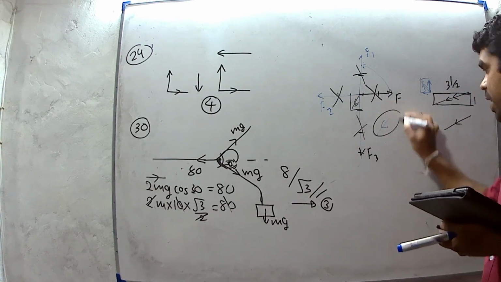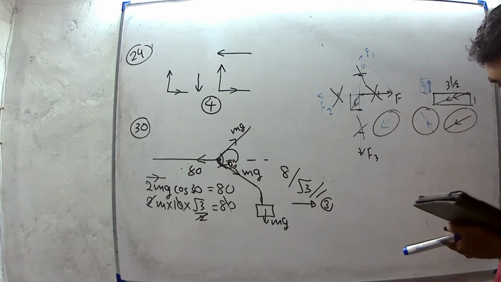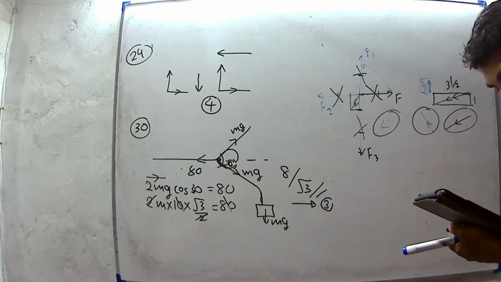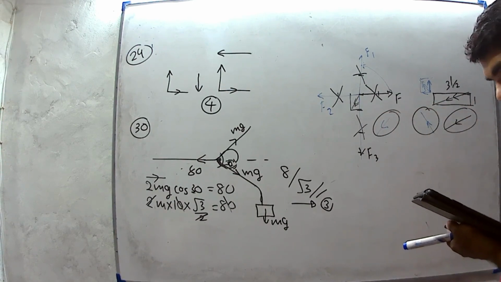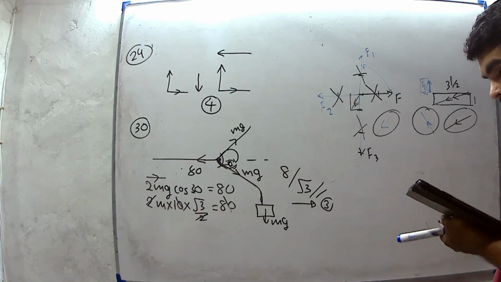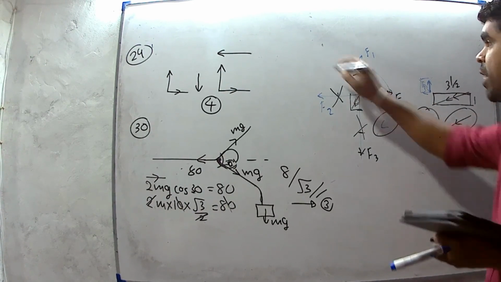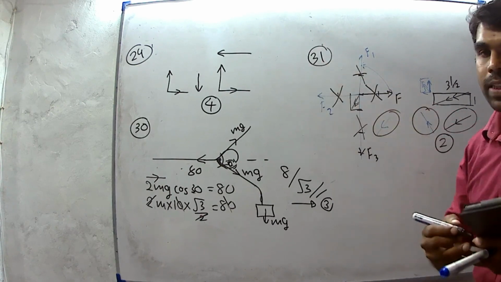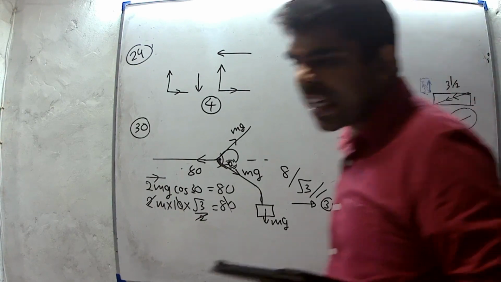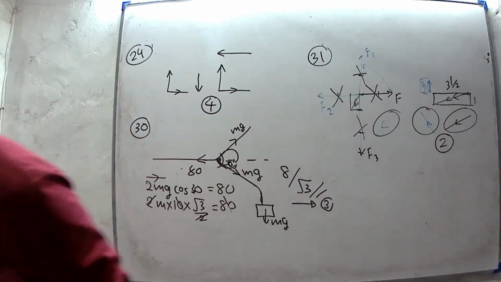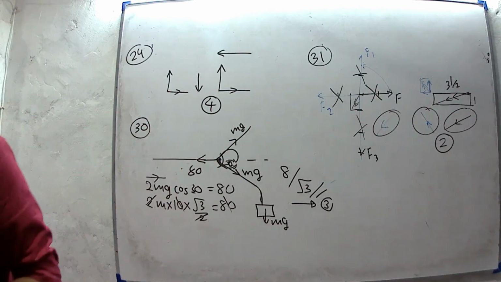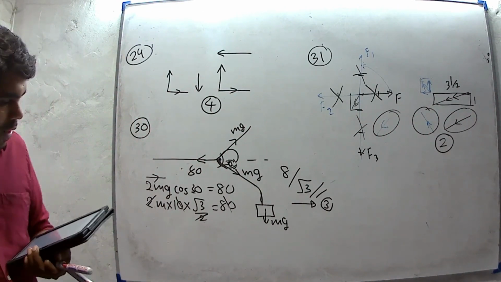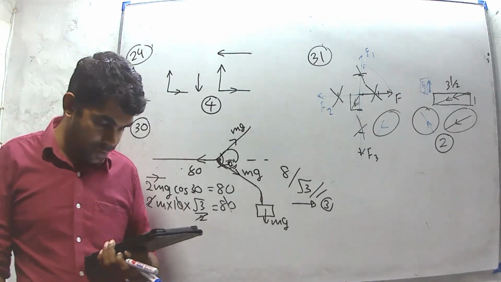Then we can consider this direction. Answer 2 is correct for question number 31. But they have not given the correct direction in the given table. We have to consider only the rough direction.